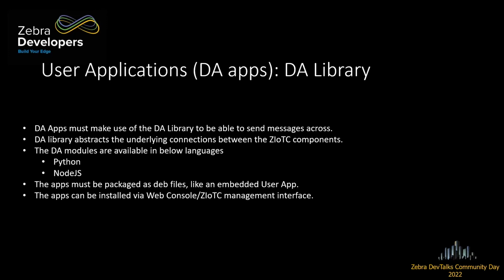And you can install the application itself, again, using two different methods. One is from the reader web console. There's an applications page. You can go and browse for that application and install it. Or you can install the application itself from the IoT connector management interface. So you can host the application somewhere and send a command to the reader to download and install it, and the reader will do that.